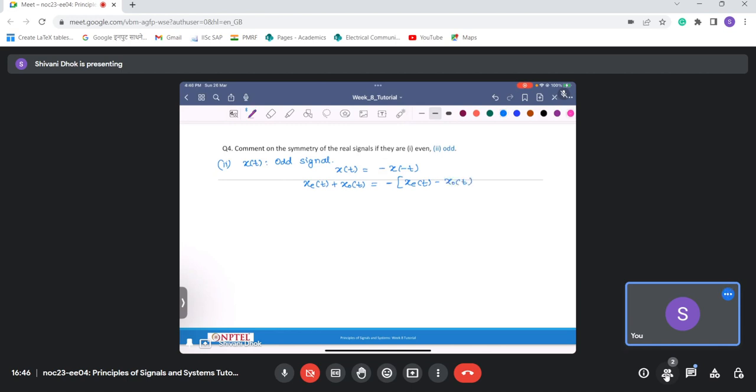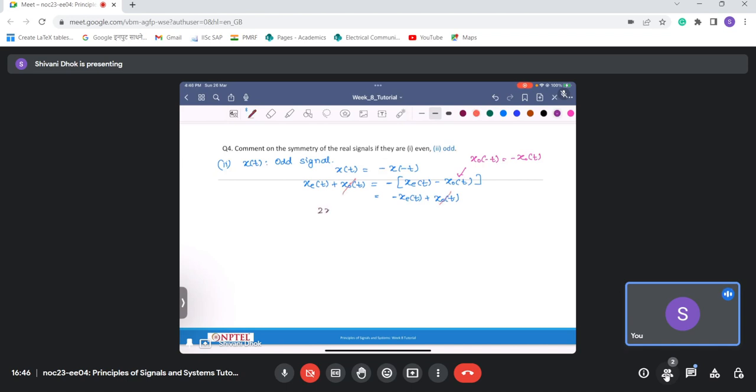So from where is this coming? This is simply x odd of minus t is equal to minus of x odd of t. This is equal to minus x even t plus x odd t. This gets cancelled.